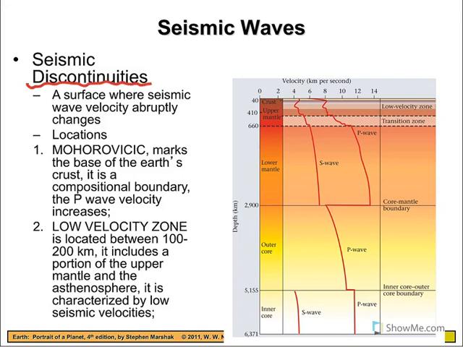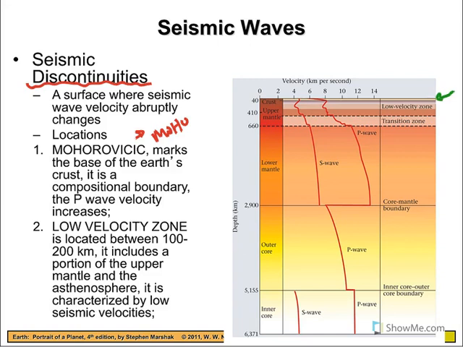So the first discontinuity we see is the Mohorovičić discontinuity, which we also call the MOHO. The MOHO is located between the base of the crust and the upper mantle.